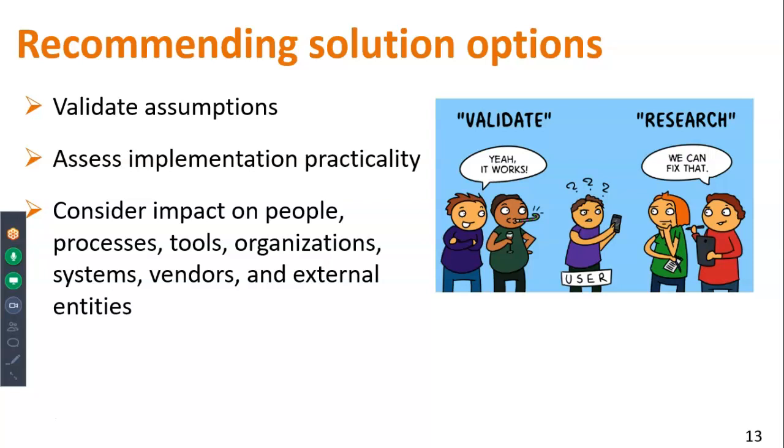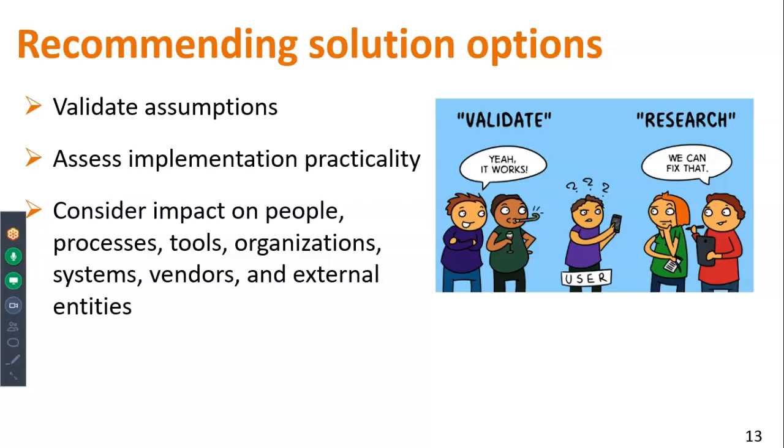But at the initiative horizon is where you should be validating your assumptions, looking at the practicality. Can we do this? What is the impact of this going to be on the entire organization, and can we make a decision to basically undertake a specific solution based on its impacts across the organization?